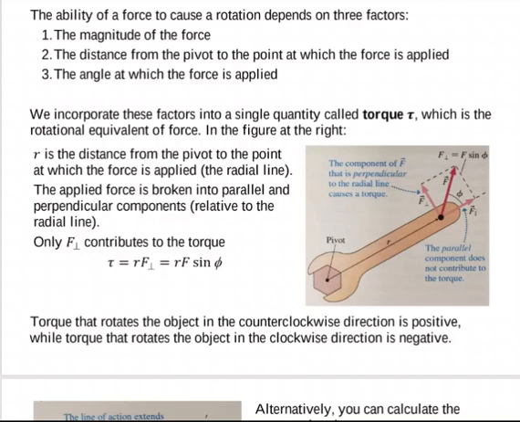Okay? So we incorporate these factors into a single quantity called torque, and we have this new Greek letter that we're going to be talking about here. This is the Greek letter tau, and you write it with sort of a hook shape and then a little squiggle on the top. That's actually a pretty good one right there. Just practice it a little bit. That's the Greek letter tau.